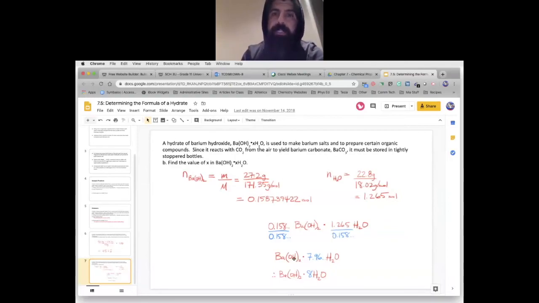In this case, the barium hydroxide worked out to 1 and the water worked out to 7.96. This 7.96 is very close to 8, so we're able to round it up to 8. So the formula works out to barium hydroxide octahydrate. That's the name of this unknown substance. The value of X in front of water happens to be 8.